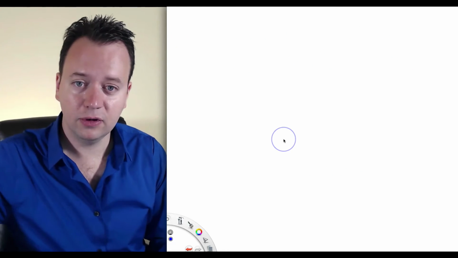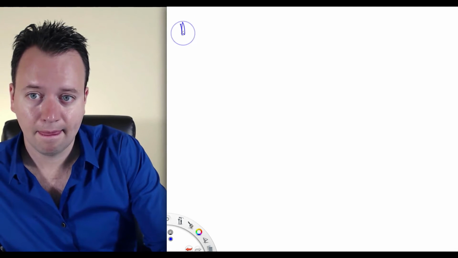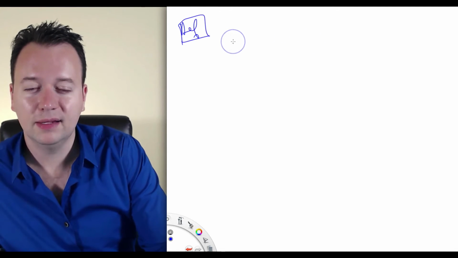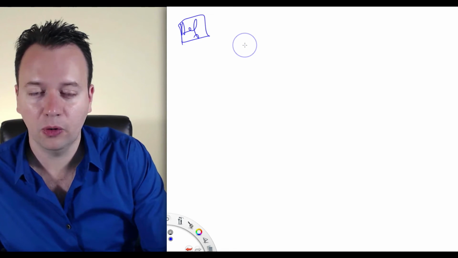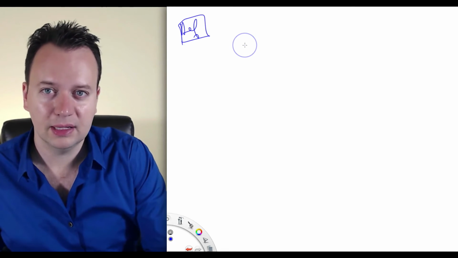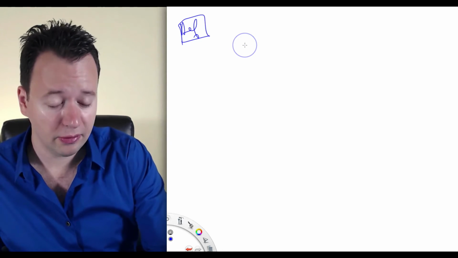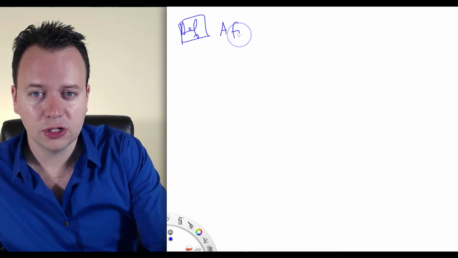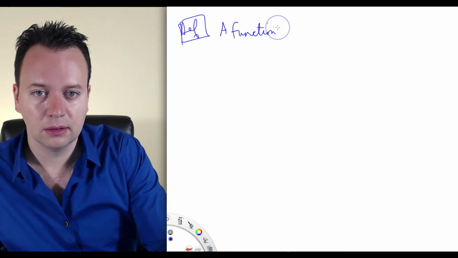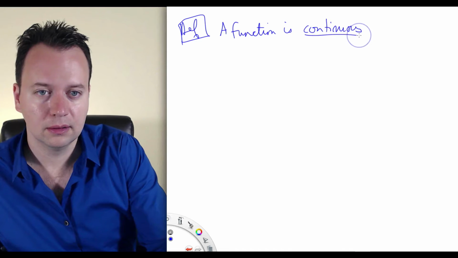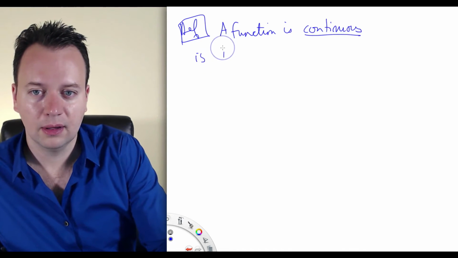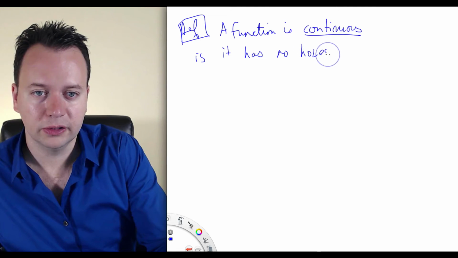The next definition is kind of an intuitive or conceptual definition for the moment. There is a more technical definition that we'll see later on when we discuss limits, but for now this will suffice. A function is continuous if it has no poles or jumps.